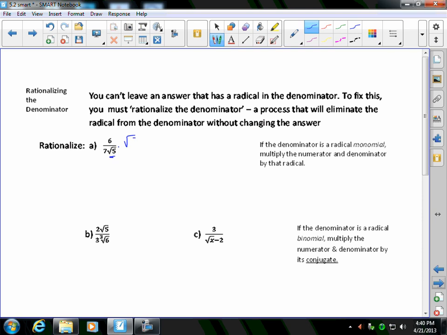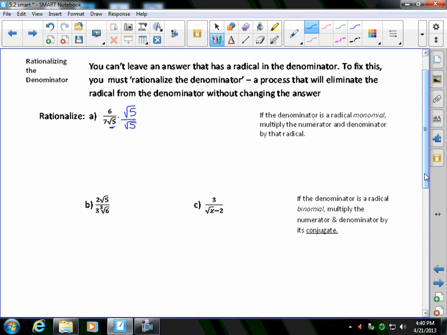So I go square root 5 times square root 5, because square root 5 times square root 5 is just 1. 1 times that fraction is just going to be that fraction. So this ends up as 6 square root 5 over 7 times square root 5 times square root 5. Basically all you're doing is you're getting rid of the radical sign, so the square root sign, and you're keeping the value. So this becomes 7 times 5.